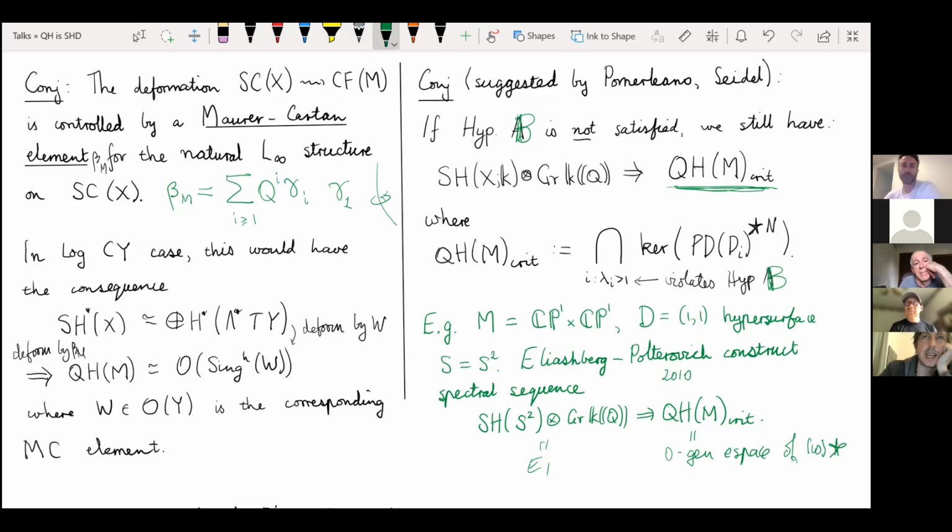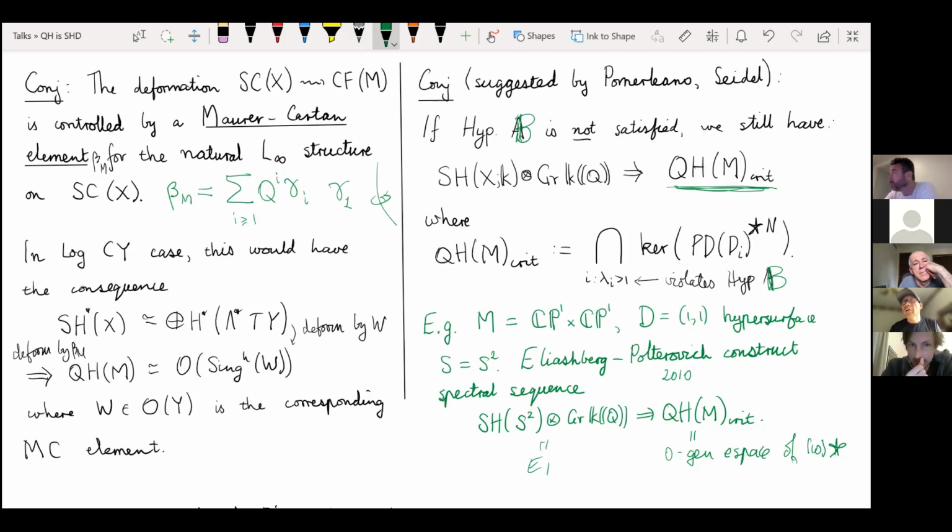And in the log Calabi-Yau case, for example, there almost never are any terms beyond gamma_1. In fact, the only terms beyond gamma_1 have to be multiples of the identity, and these showed up in Givental's proof of mirror symmetry for Fano complete intersections as a special shift for Fano index 1 complete intersections.